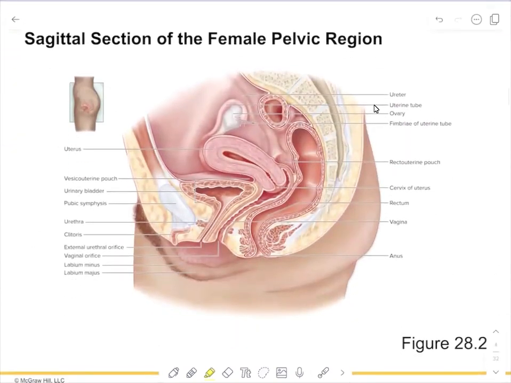When we look at this sagittal section of the female reproductive organ, we can first see the primary sex organ, which is the gonads, where the oocyte or the egg will develop.